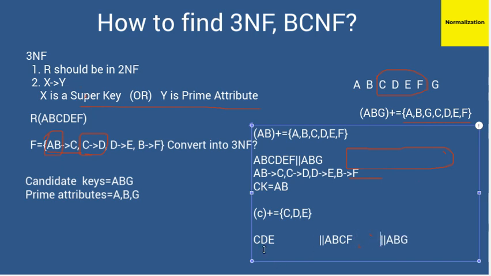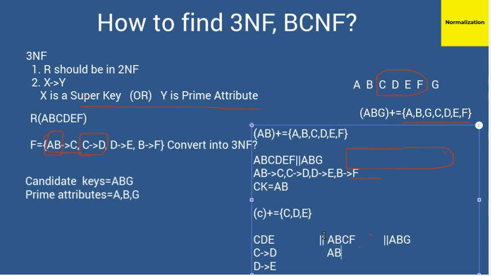Yeah, so in the CDE table, what are the functional dependencies? C gives rise to D comes under this, and D gives rise to E. So both are in this table. And what are the functional dependencies present in the other table?